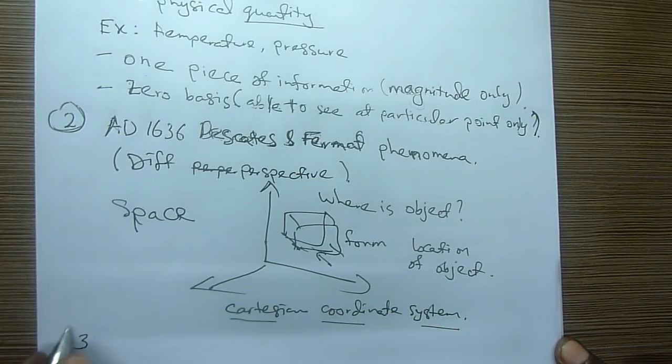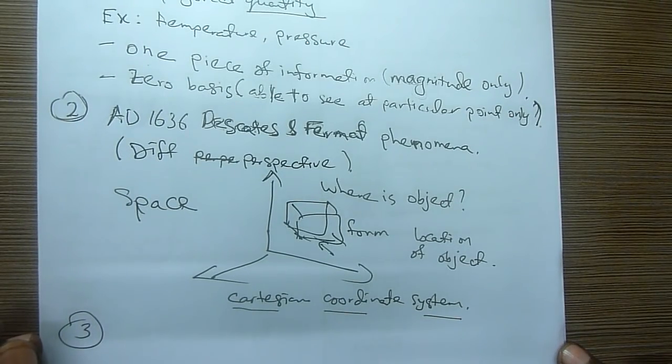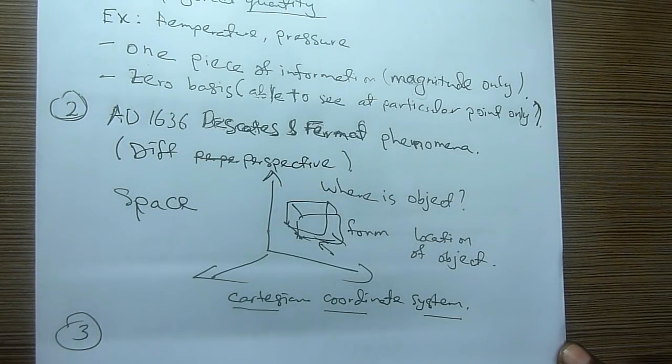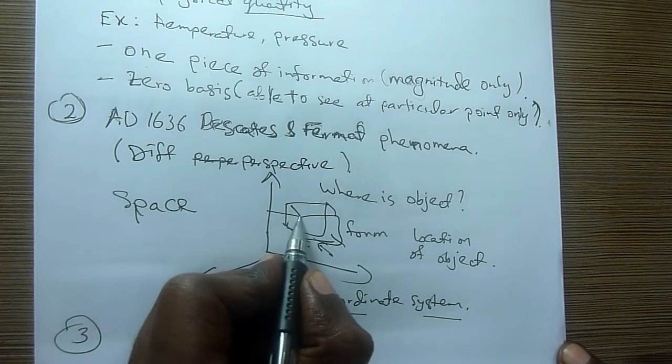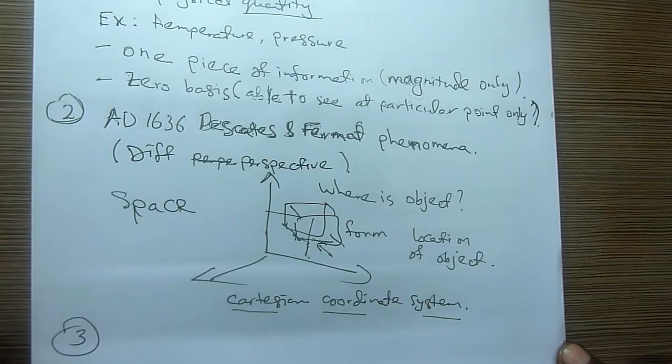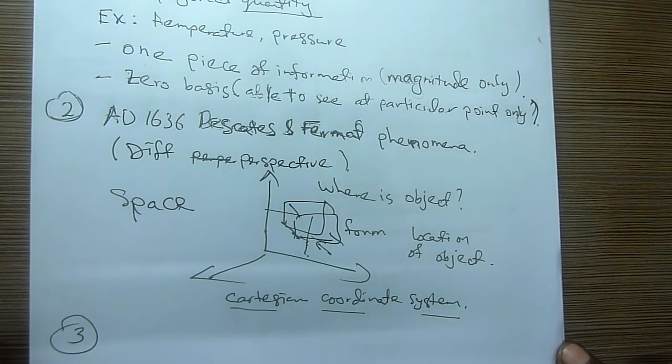But later, people, especially scientists, started exploring further detail about the Descartes and Fermat phenomenon. They really wanted to know not only the location of this particular object. Is it possible for me to identify the direction of these objects?